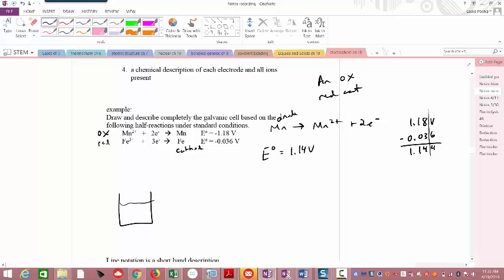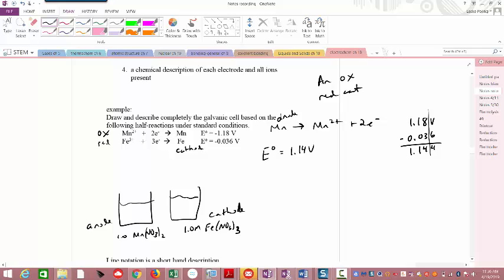So if we drew this, we put our anode on the left, our cathode on the right with 1 molar solutions with the nitrates.